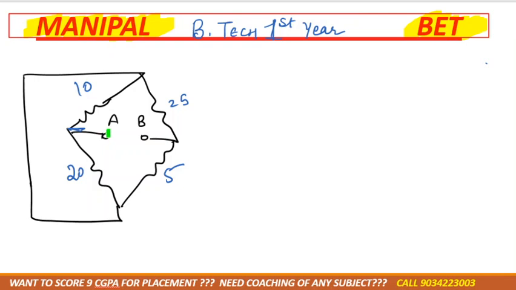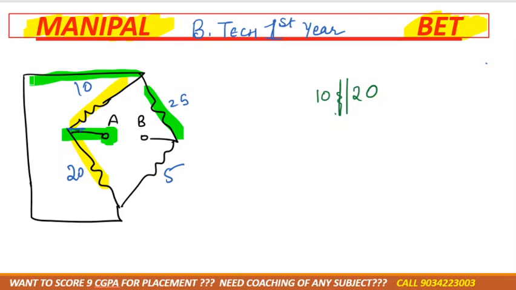See, you are standing at A moving towards B. This one and this one are on different paths. You can't move through both of them at the same time. That means 10 is parallel with 20, right? Similarly, this one, 10 and 25 are also on the same path. 25 and 5 are on different paths, right?